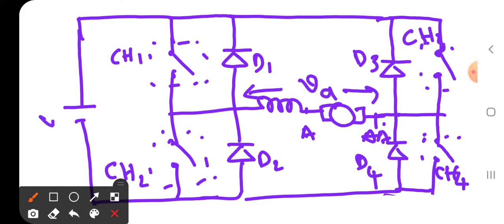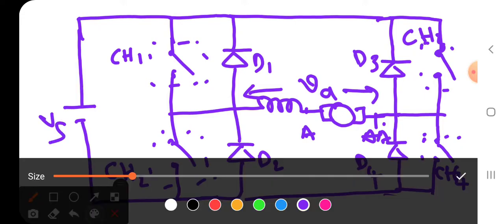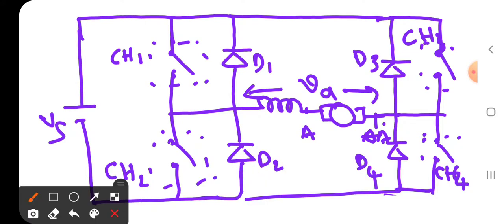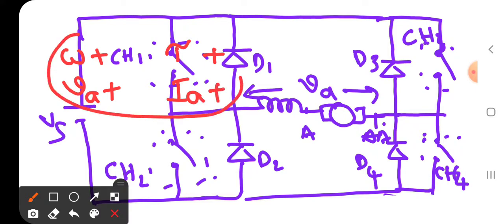This is VS, and you know that in the first quadrant, omega is positive and torque is positive. Omega means angular velocity. That means VA plus, IA plus. This is the first quadrant.